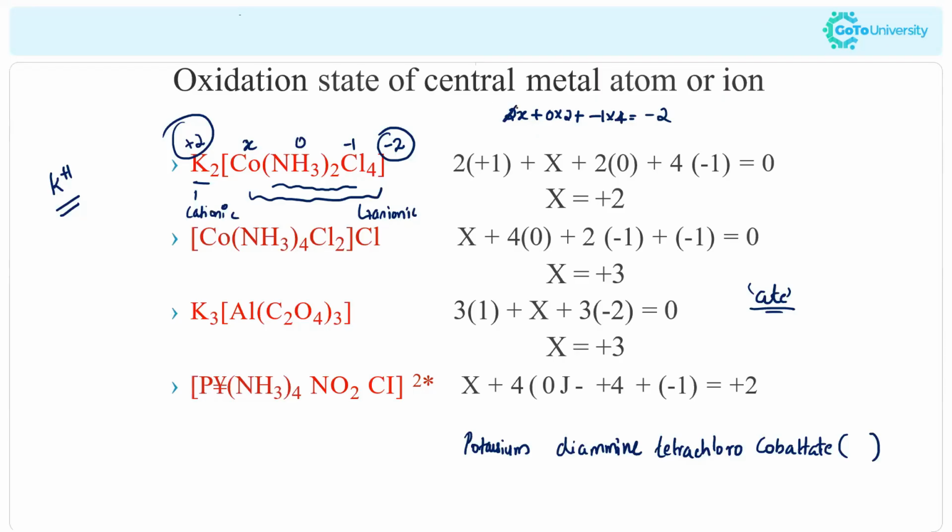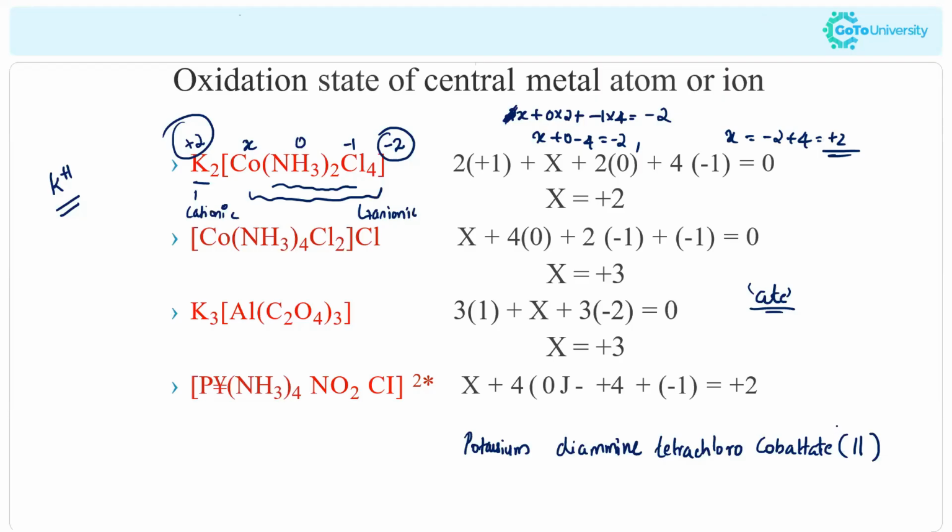This is not 2x, just x only, because here we have only one cobalt. So x plus 0 minus 4 is equal to -2. So x will be -2 plus 4, that is +2. So the cobalt is in +2 oxidation state. This is how we are finding out the name.